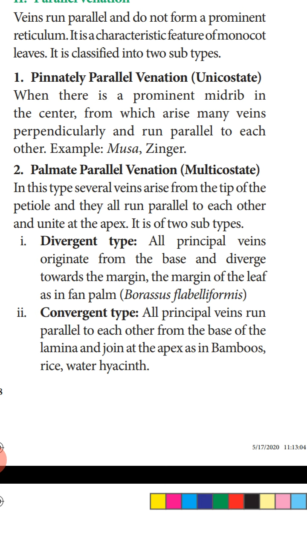In the palmately parallel venation, from the point where the petiole joins with the lamina, numerous veins arise, and these veins travel in such a way that they come and meet at the apex. So numerous veins arise from the base and merge at the apex, then it is called the divergent type.